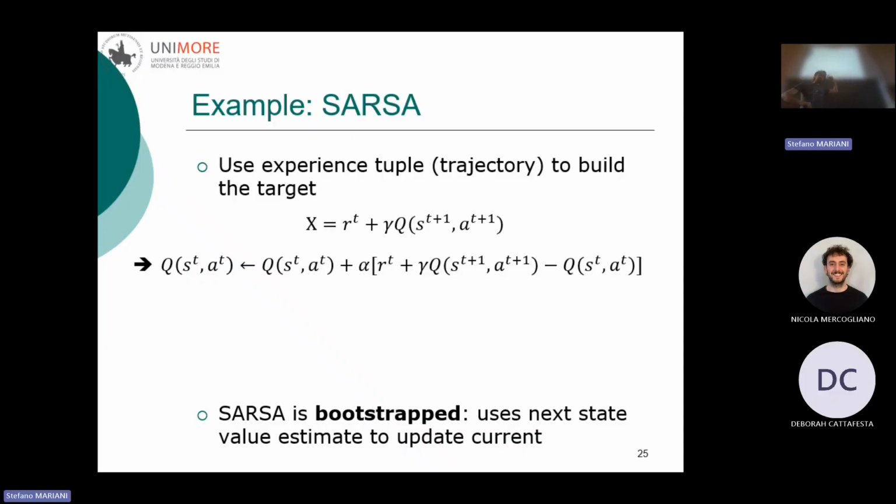Okay? The first time step in which I can start to estimate the value function is as soon as I get some value. In this case, only the first time I get to the goal. Let's assume that I get to the goal doing this.